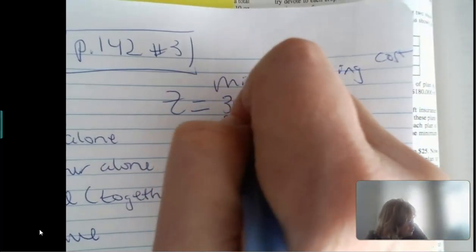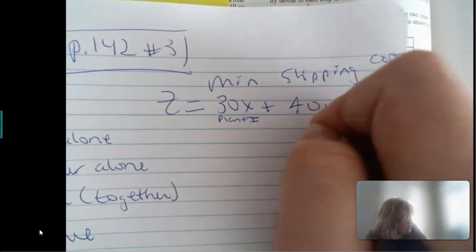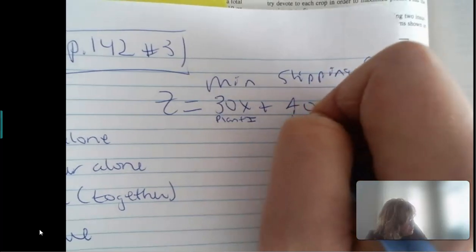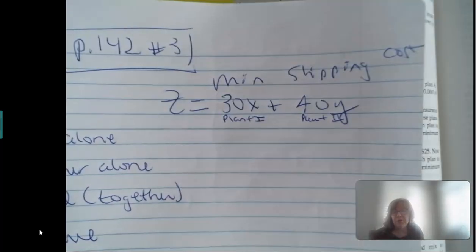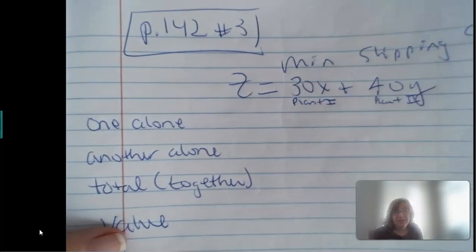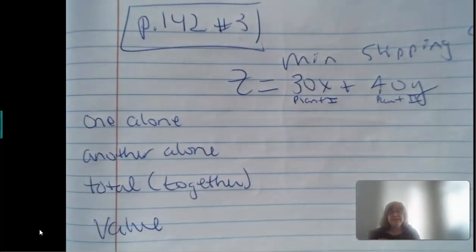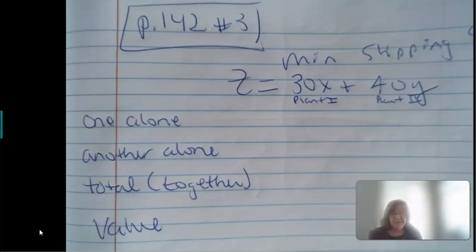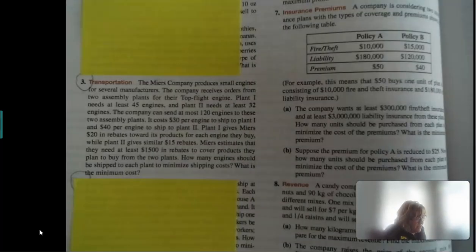So you know plant 1 goes at the top under the 30x, and plant 2 goes at the top under the 40y. All right. Now, this one is going to be a typical one where you have one alone, another one alone, the two together, and then some type of value. And don't use that 30 and 40 again. They are gone. Okay. So let's read.